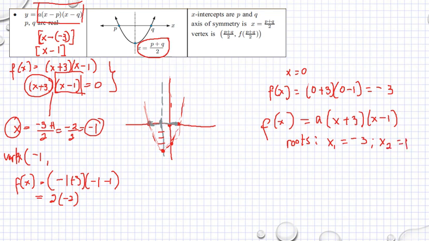Those are my roots, and it doesn't change. And the axis of symmetry doesn't change also, which is x is equal to p plus q divided by 2. Okay?